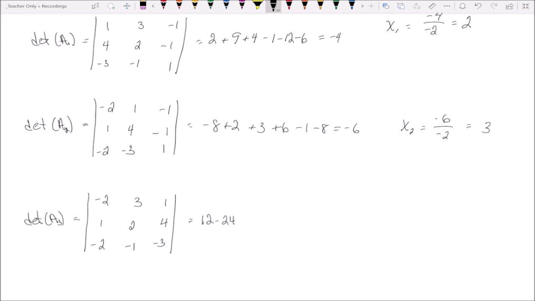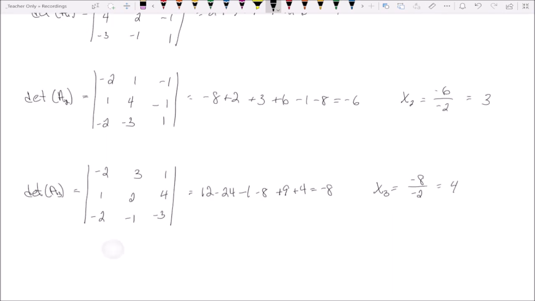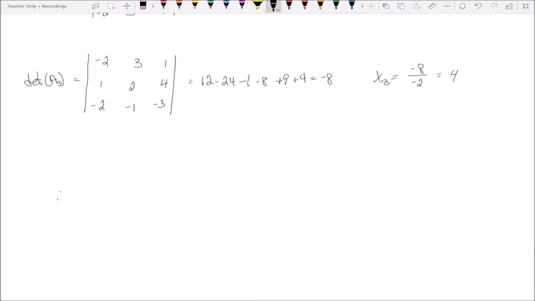We get 12 minus 24 minus 1 minus 8 plus 9 plus 4, which is negative 8. So x3 would be negative 8 divided by negative 2, which is just 4. Therefore, our solution is the vector 2, 3, 4.